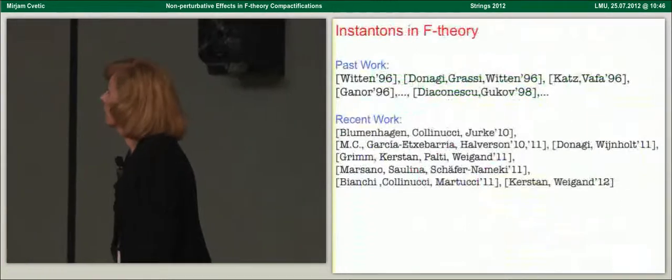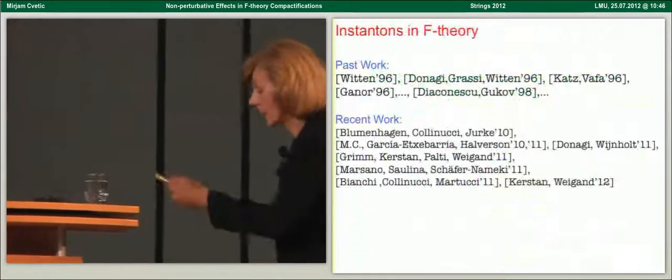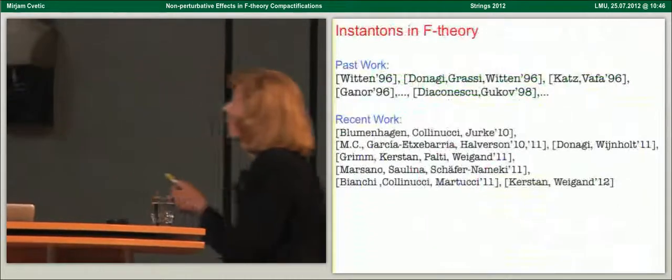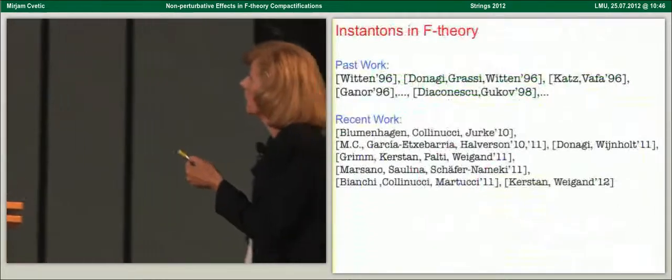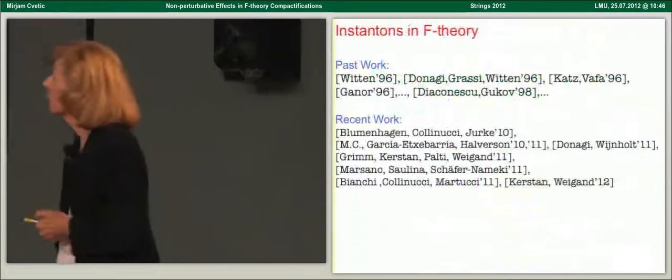The instantons in F-theory were not discovered in recent years. There is extensive work that stems all the way from the early days of F-theory, by Witten, Katz, Vafa, Ganor, and others.